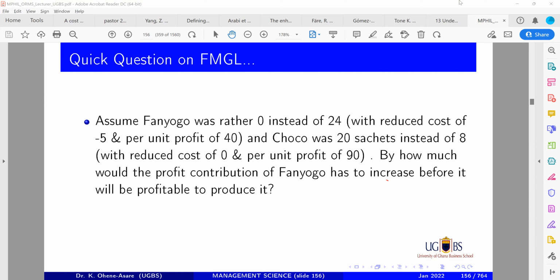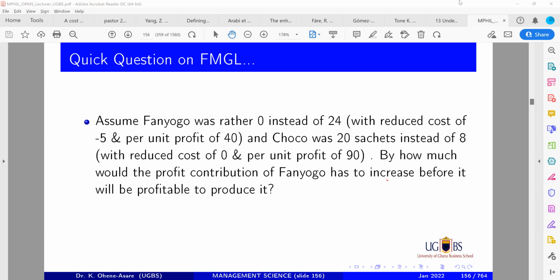And the reduced cost when it was 0 was -5. Now, as you can see from here, the reduced cost was 0. And then the per unit profit is still remaining at 40.